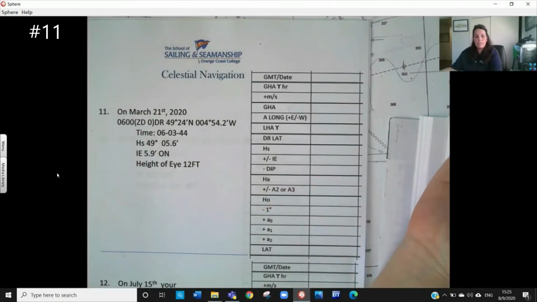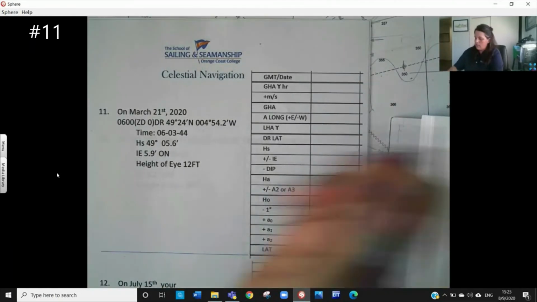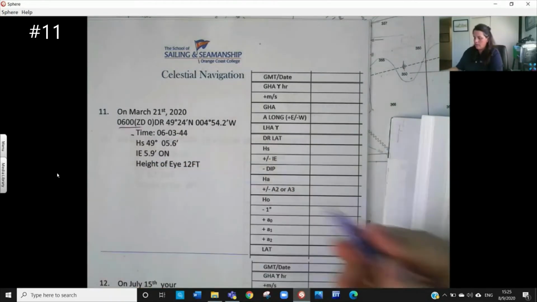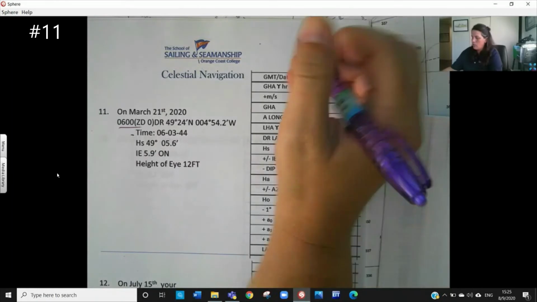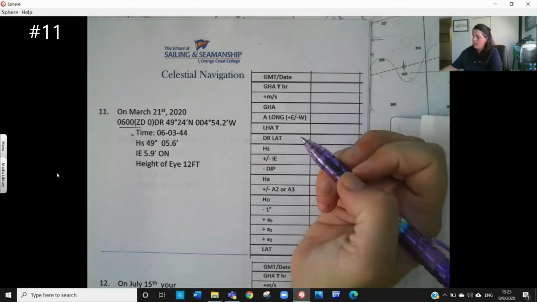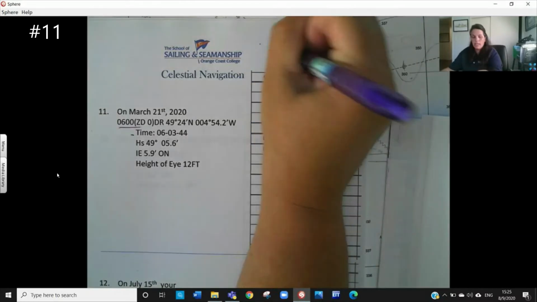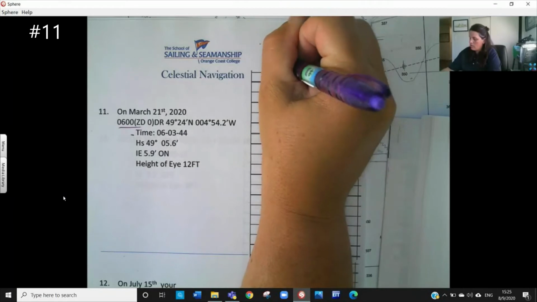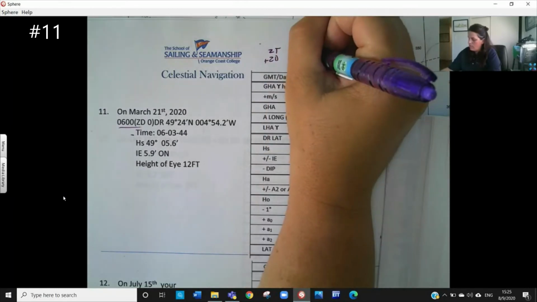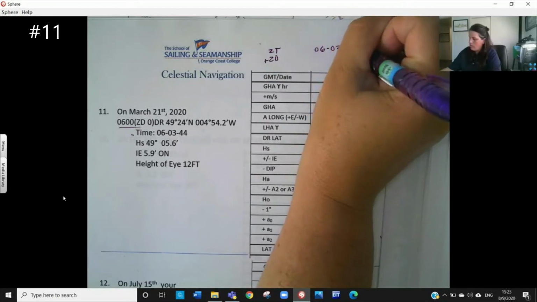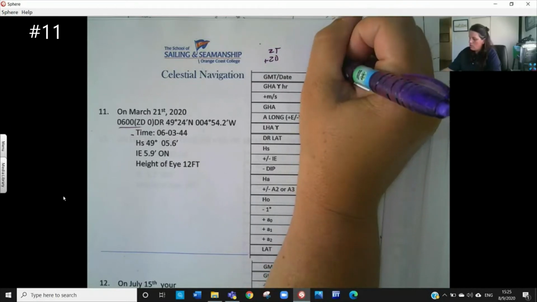Okay, so for number 11, we have our time, our zone description, and our observation. So in order to find our GHA of Aries, we have to be in GMT. So we have zone time 06:03:44. Zone description was 0.